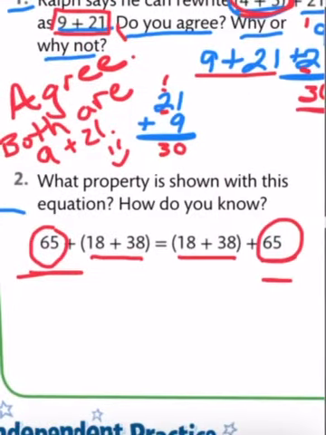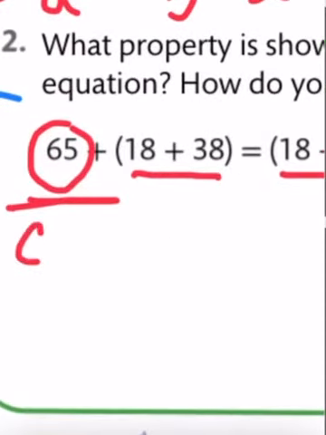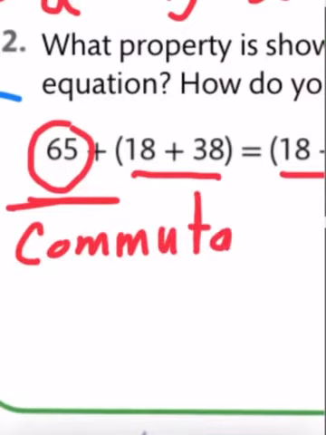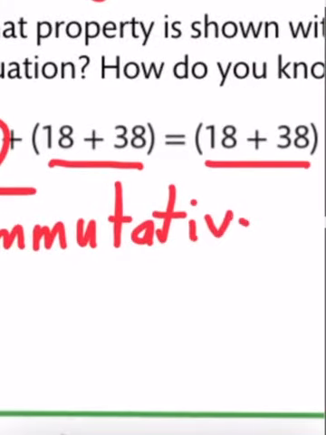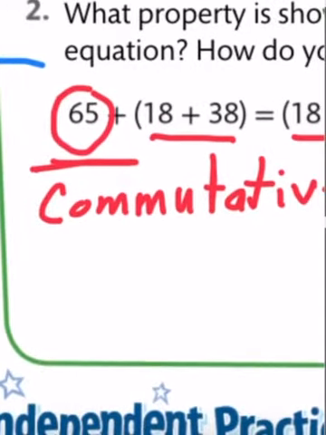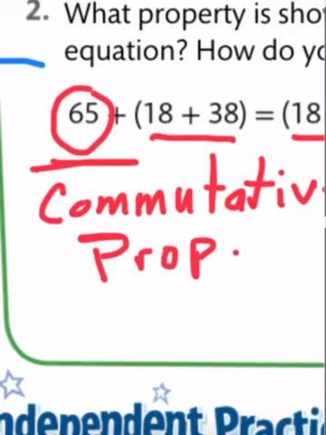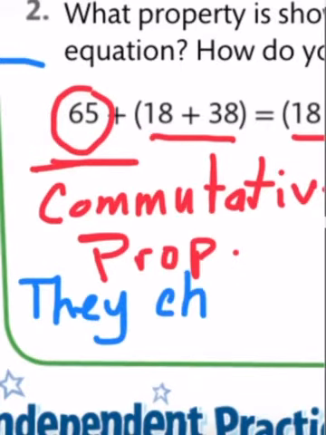So I can come back over here, and I can write commutative. Now you may need to look back in the book for spelling or something like that, which is totally fine. Commutative property. And how do I know? They changed the order. That's why we know it's the commutative property.